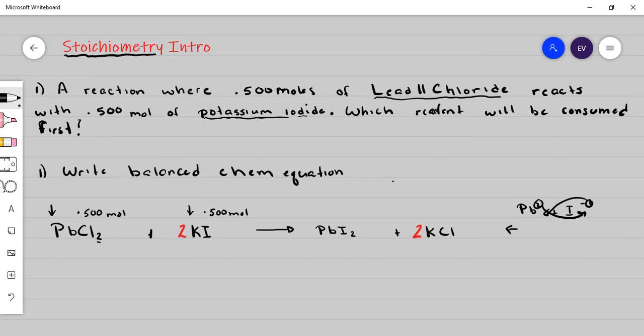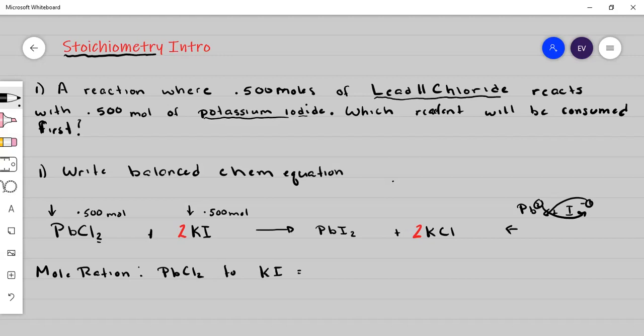Remember that a chemical reaction will only carry forward if you have reactants. If one of those reactants runs out, then the reaction stops. So what we're going to do now is identify the mole ratio. We've already seen mole ratio, and we know that it's super easy. Because we're working with lead(II) chloride and potassium iodide, I'm going to take the mole ratio of lead chloride to potassium iodide.